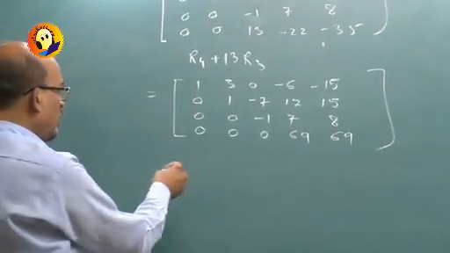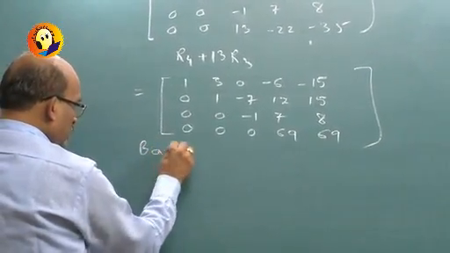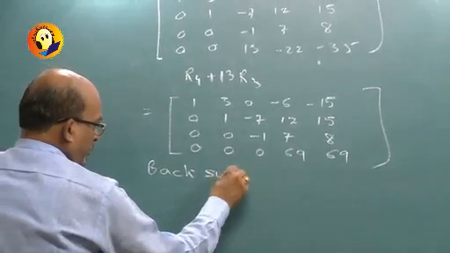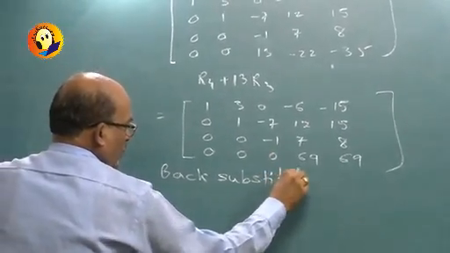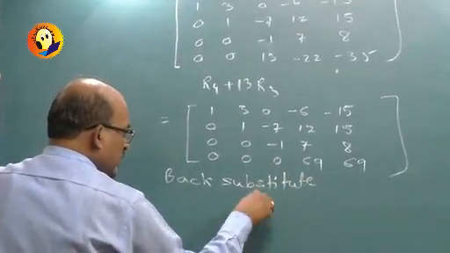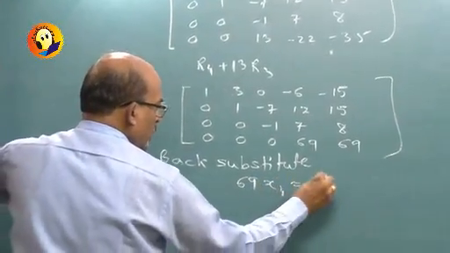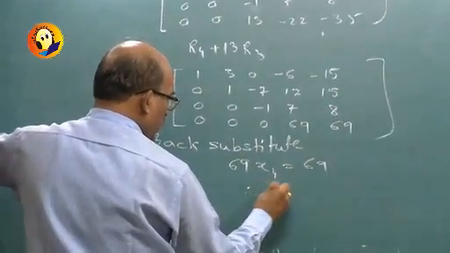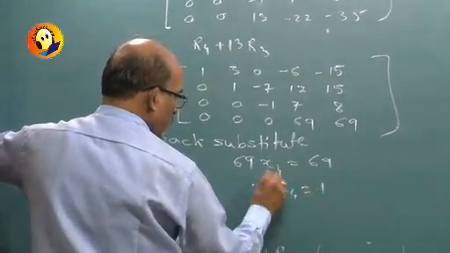Okay, and so now we say back substitute. We have 69 x4 equal to 69, therefore x4 is equal to 1.